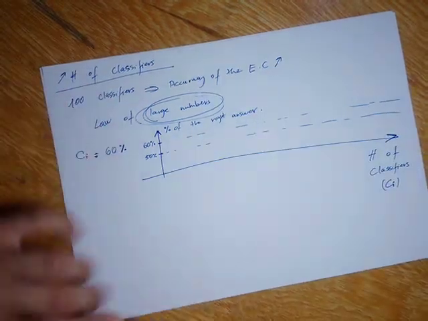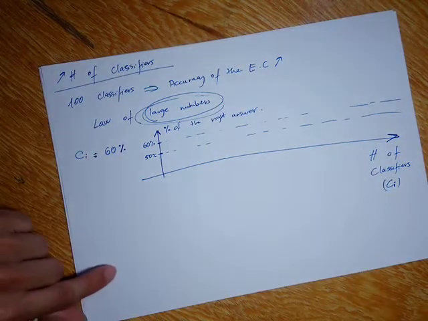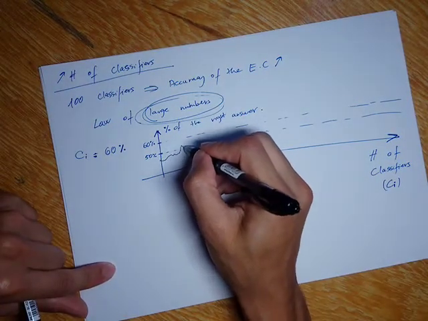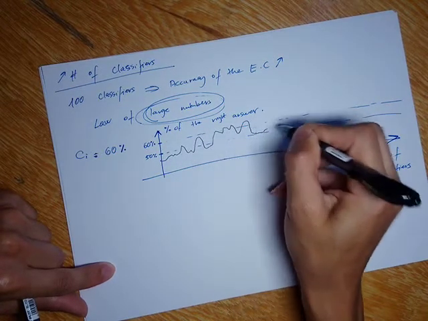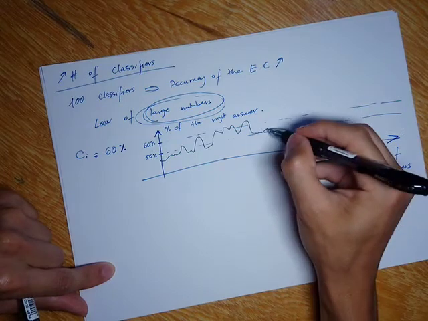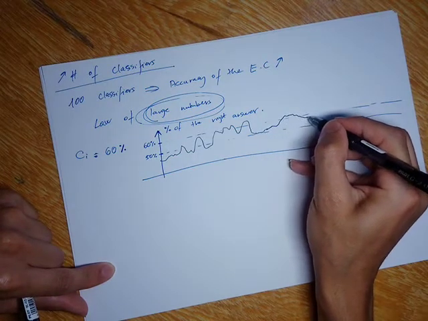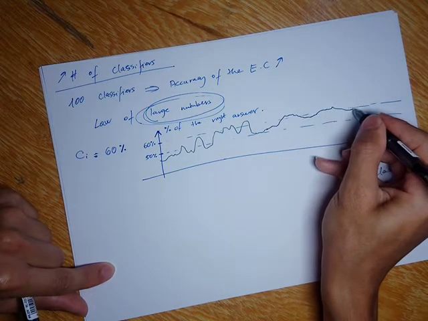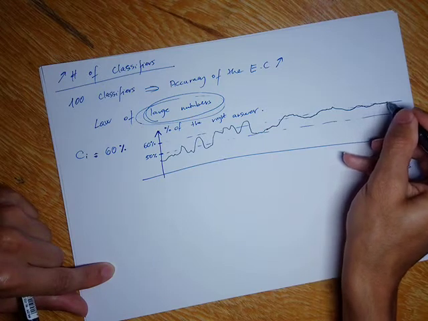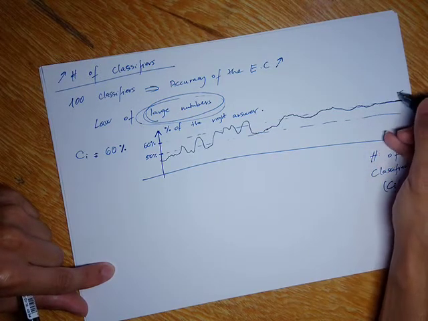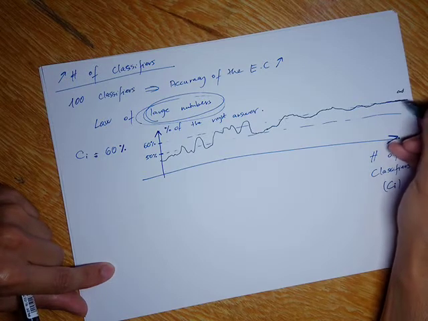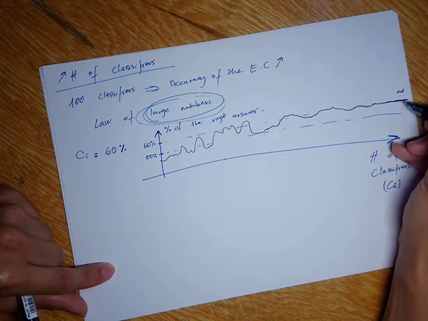Now, if I do this experiment, this is what I would get. I would get something that has a high variance, something like that. And as I increase the number of classifiers, this curve starts to stick around this accuracy, which is 60%. And in fact, when it reaches infinity, then it's exactly equal to 60%, right?